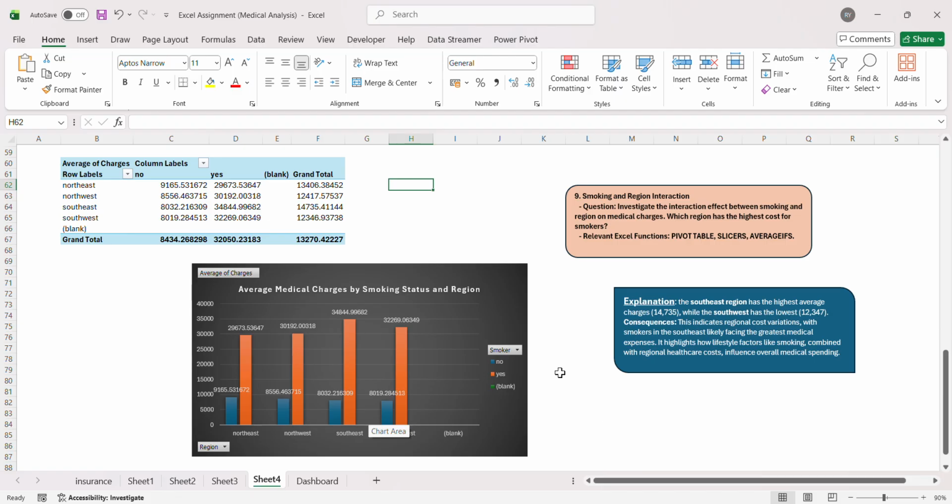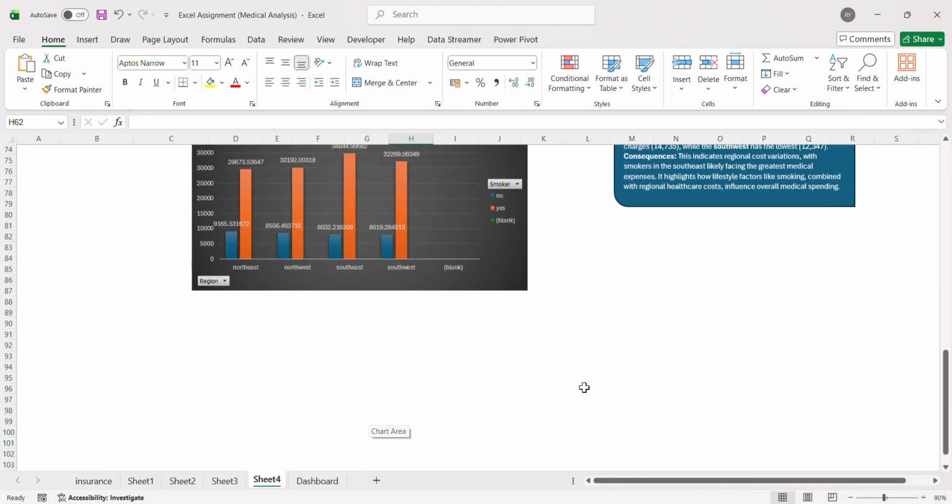This indicates regional cost variation, with smokers in the south likely facing the greatest medical expense. It highlights how lifestyle factors like smoking, combined with regional healthcare cost, influence overall medical spending and need clinical attention.